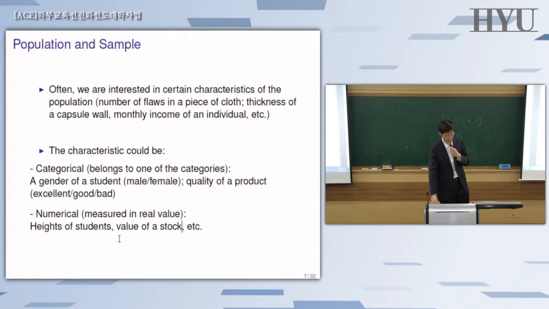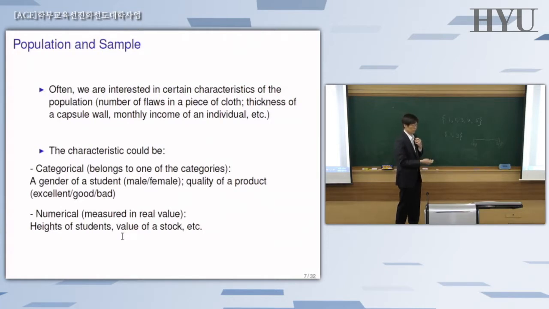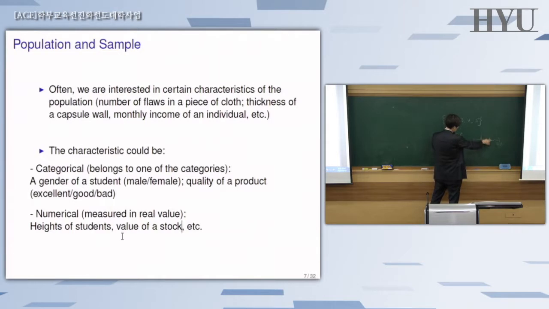With numerical values, you cannot fill in the gap. If you talk about the height of a student, and the metric is in centimeters, it could be something between 160 and, say, 210. So pick any two numbers in this interval. You can always manage to find something in between.